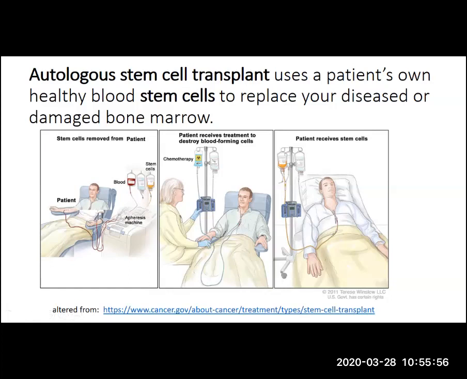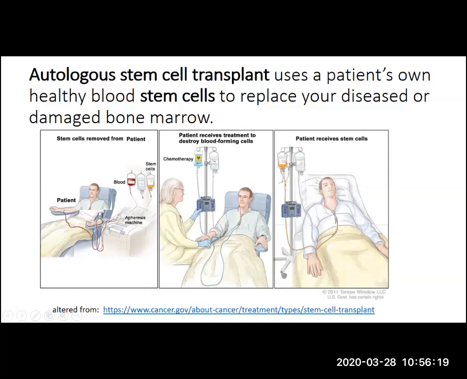disease. And so this is a slightly altered version of a diagram from the NIH Cancer Institute. And again, this is modified; this had another patient in it when we started, a donor, and we brought over the patient here. So you collect stem cells from the patient.